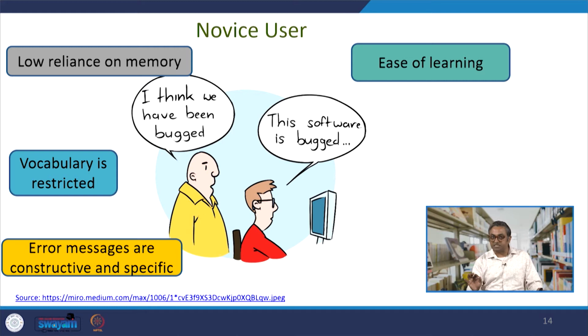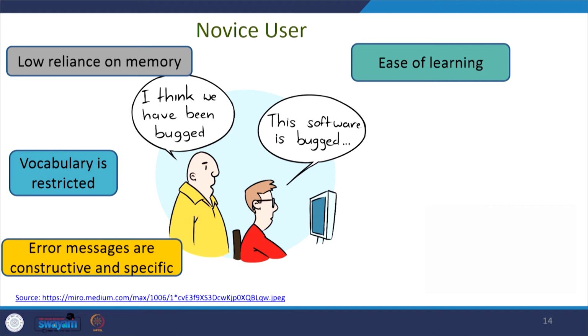If it is specific, then the user may not get distracted or deviated from the problem. The easiness should be there to learn a system, not only to learn the system but to provide the solution.